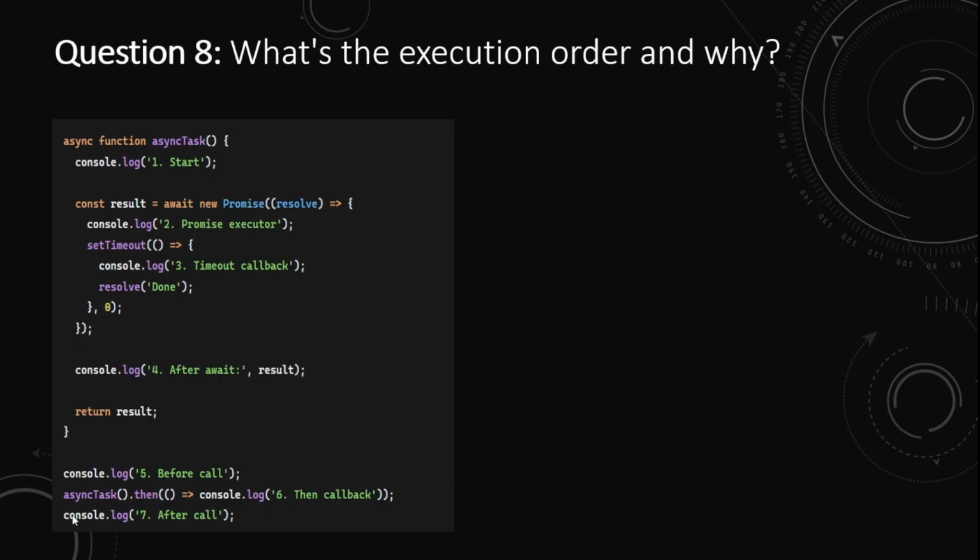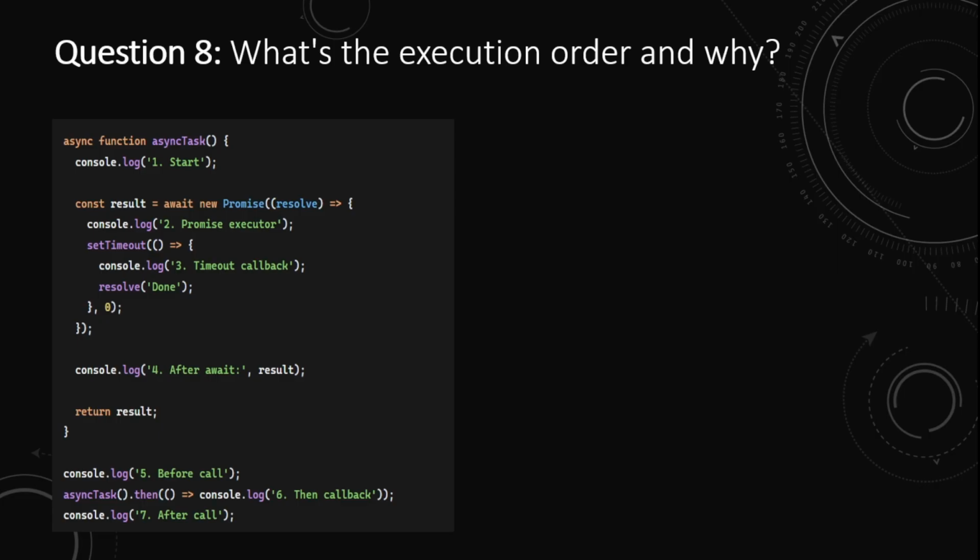Hence, after this, the seventh console log will be printed. So till now, our sequence became 5, 1, 2, and 7. Now, this was the macro task phase of execution. After this, the micro task phase happens, but since at this point the micro task queue is empty, no micro task is available yet to be processed.